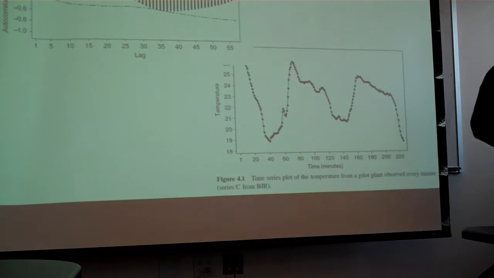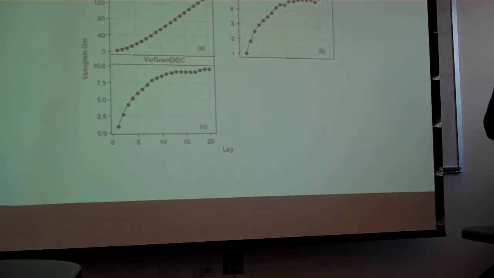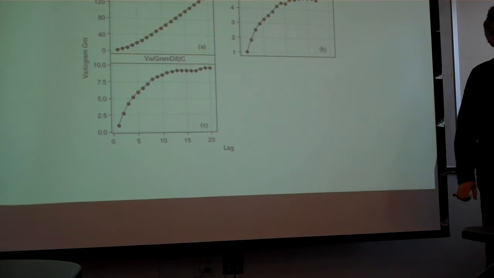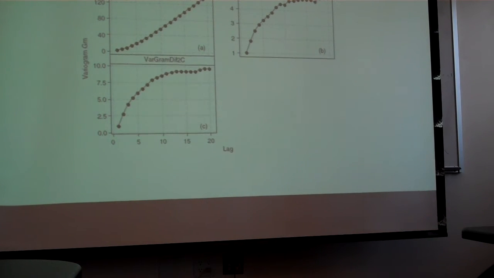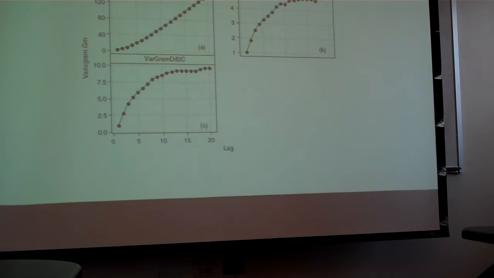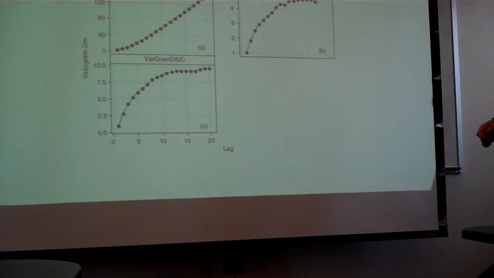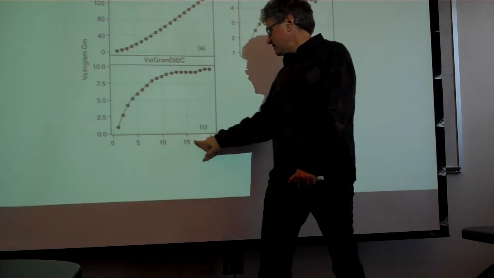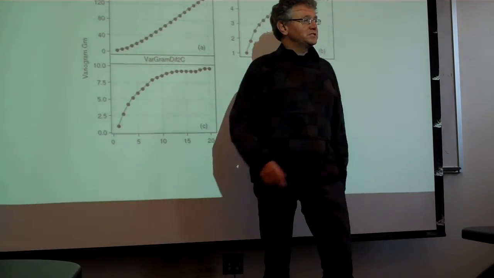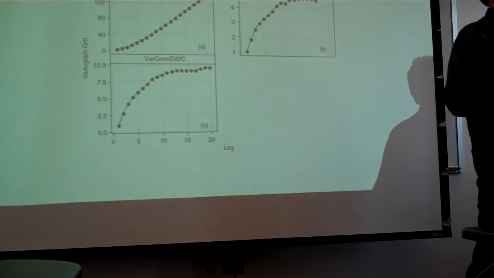You can also look at it by looking at a variogram, which is directly analogous to the spatial variogram, but now the axis is distance in time rather than distance in space.